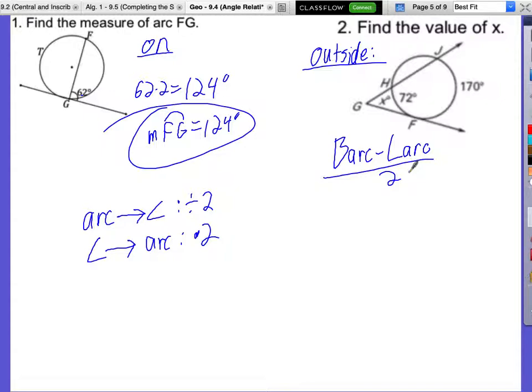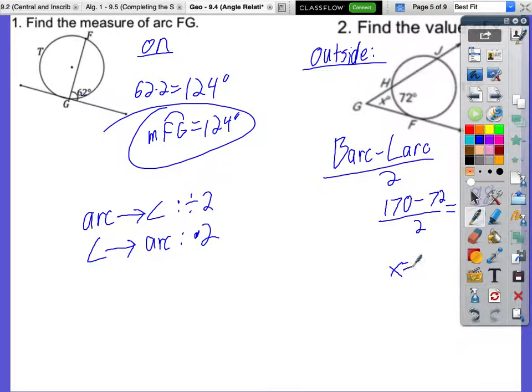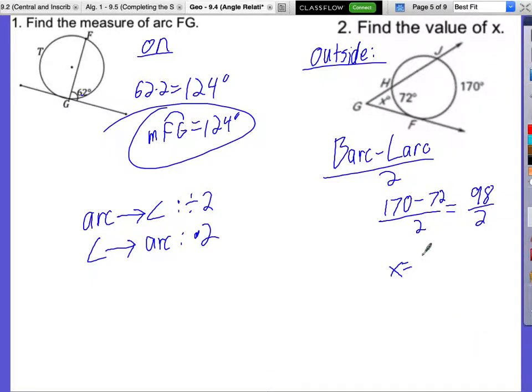What is our big arc? What is our little arc? 72. Now we divide by 2. Okay, so you take 170 minus 72, divide by 2. What is 170 minus 72? Owen, what's 170 minus 72? 98. Okay. And so what would x equal then? 49.